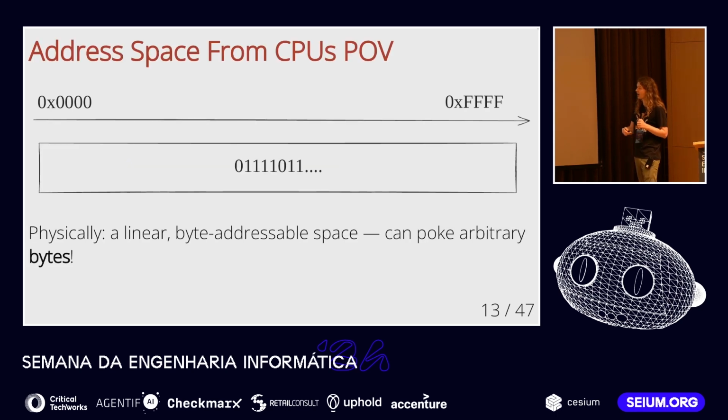OK. Let's try to make this a little bit more abstract. What is the core of memory safety issues? The core is that physically, the memory of a process is just a raw array of bytes. From the perspective of the CPU and the operating system, your memory is just this array of numbers.